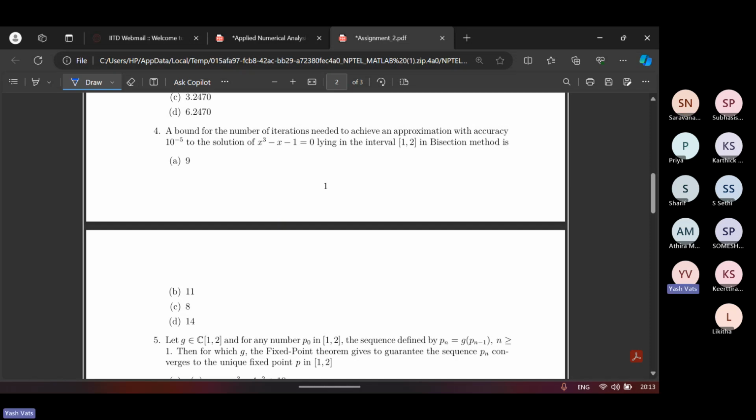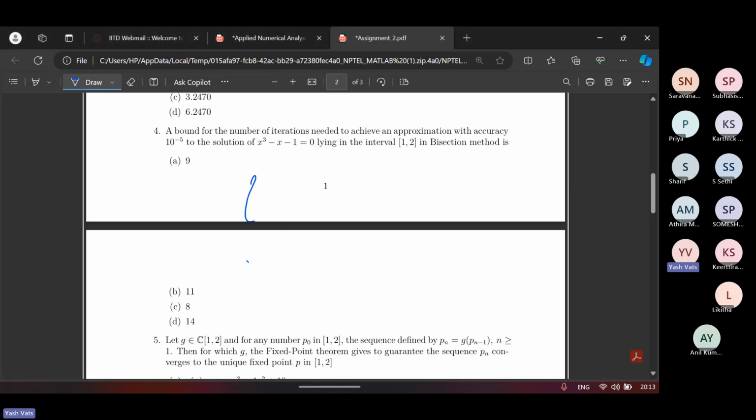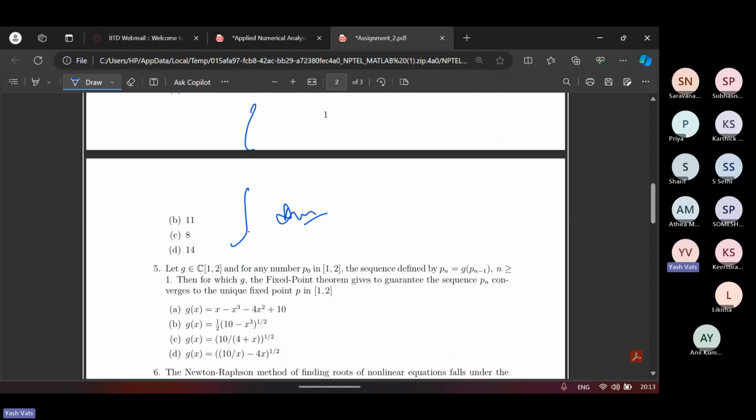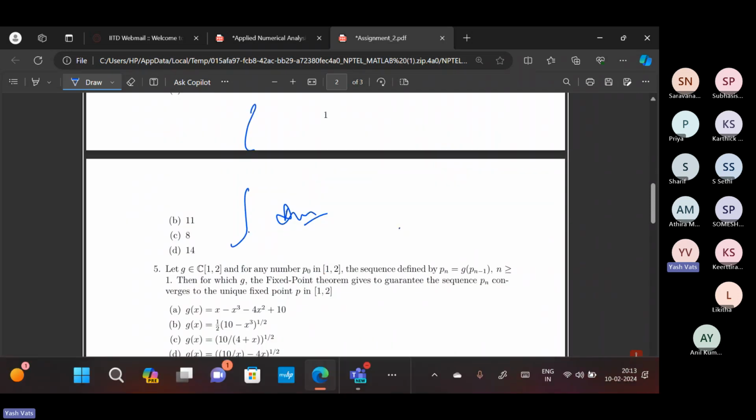But the answers available are only 9, 11, 8 and 14. You have to select a bound greater than or equal to 16, strictly greater than 16. So there is some issue with the answers, I think. So 16.66, what should be the bound then?